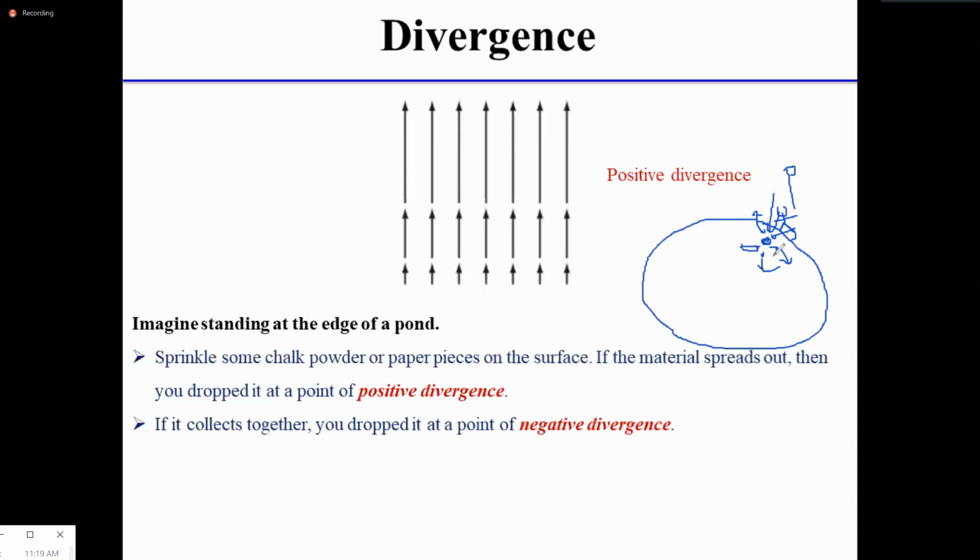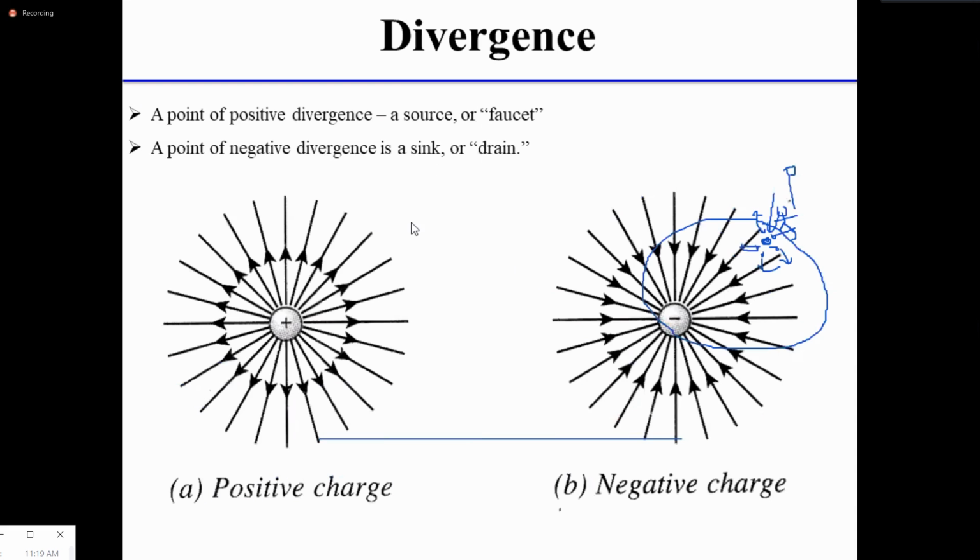Similarly, if these paper pieces start to get collected at one point, then we will say that the location has got a negative divergence, or the paper pieces will be converging to one point. So a point of positive divergence is also called a source or a faucet. Faucet, I hope you know, is a water tap, from where water comes out. So from this, water diverges.